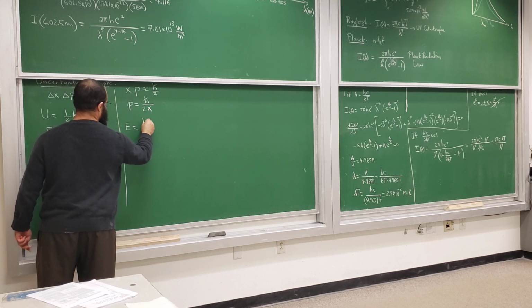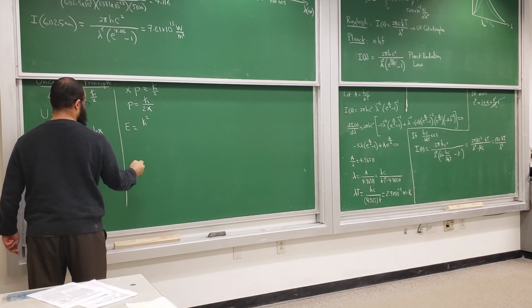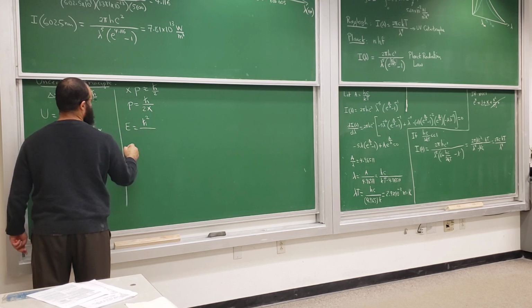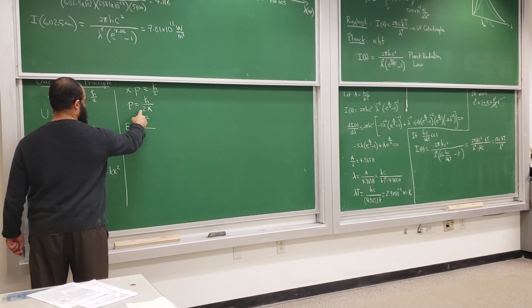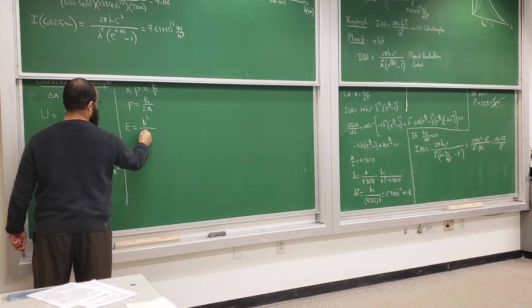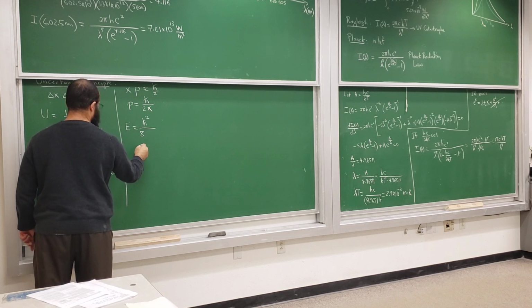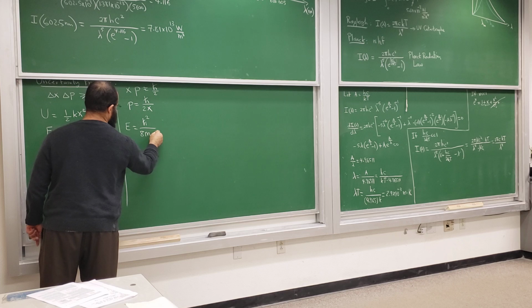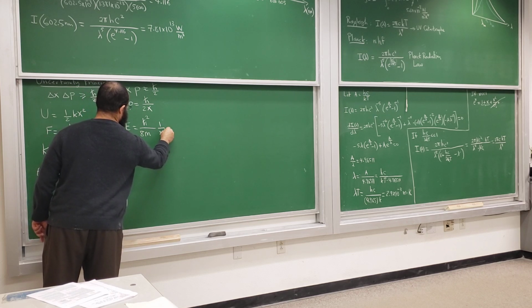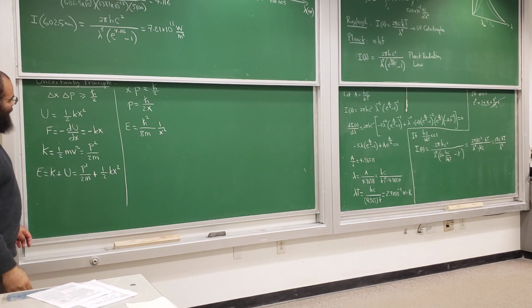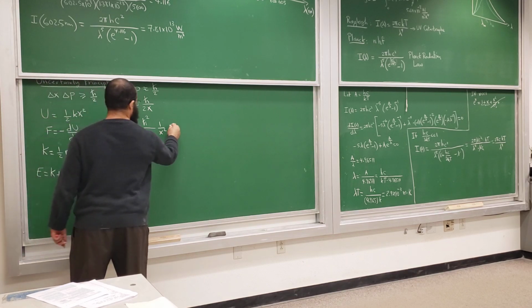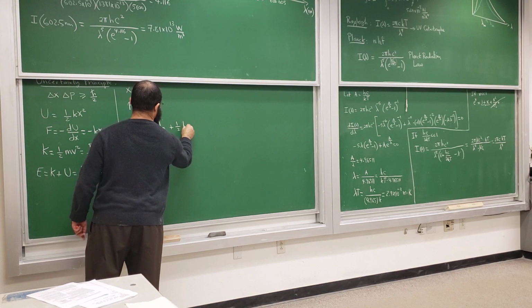We get h bar squared over 4x squared, and then there is a 2m, so it becomes 8m x squared. Can you confirm that this is correct? Anyone? Okay. And then plus 1/2 kx squared.